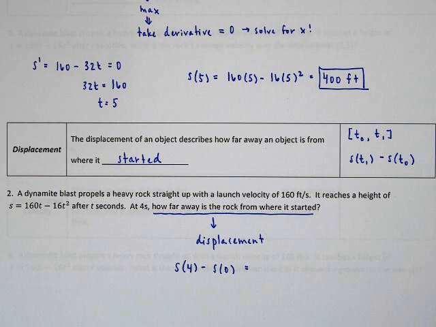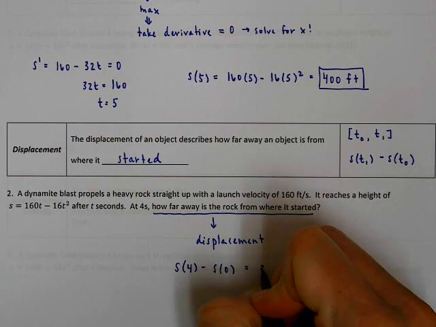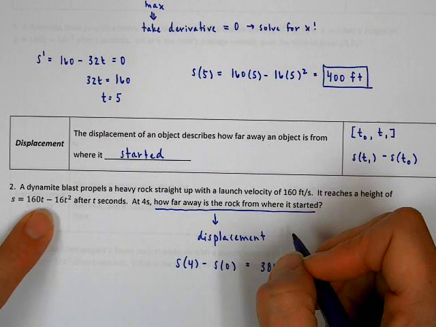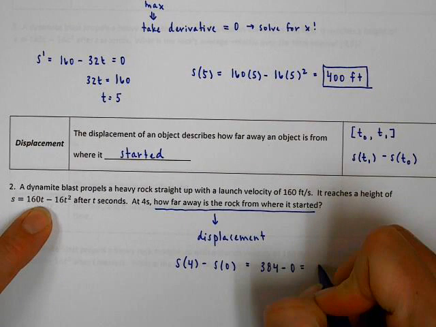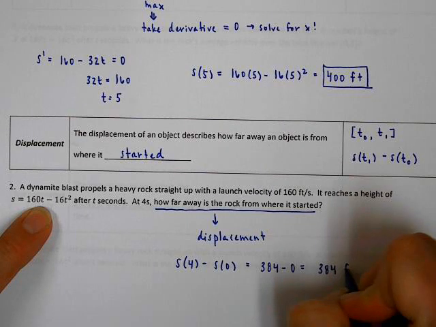So let's see, s of 4, I'm going to use my calculator again. That's going to give me 384 minus s of 0. Well, that's just going to give me 0. So now my displacement is 384 feet.